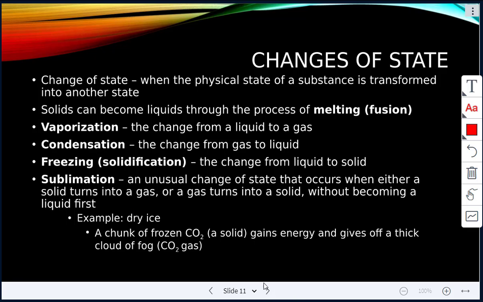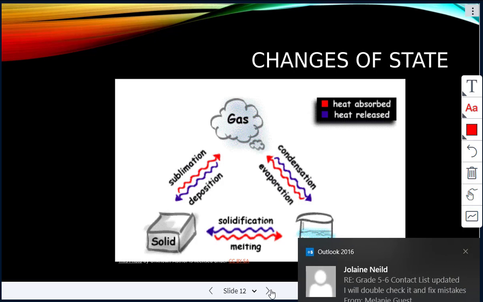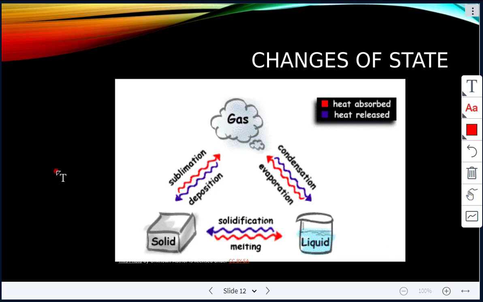So that would be sublimation. All right, so this is just a diagram here showing sublimation. Notice here, sublimation from solid to a gas, but it's got another term called deposition when it goes from gas to solid.